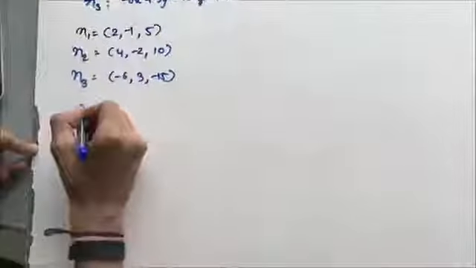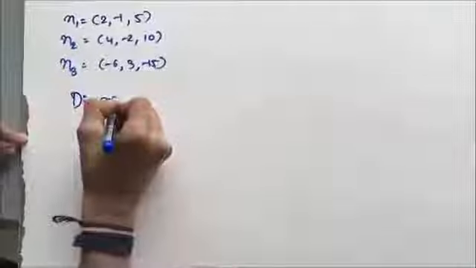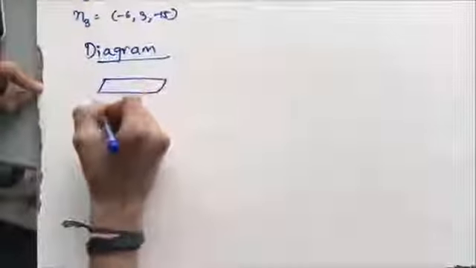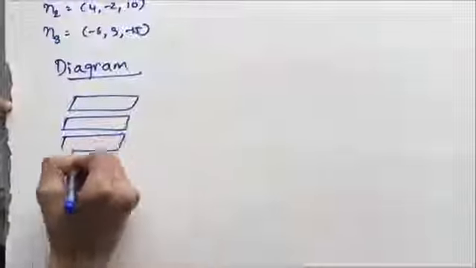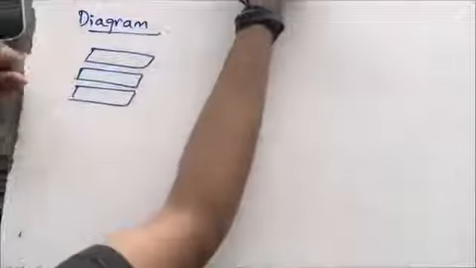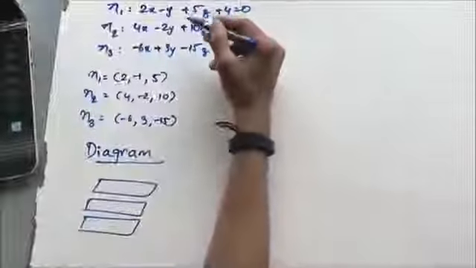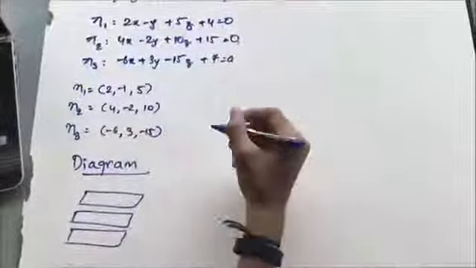So the diagram of the planes is that they do not intersect, as we don't see any point of intersection, but they are parallel. As we can see, they are scalar multiples of the first plane.